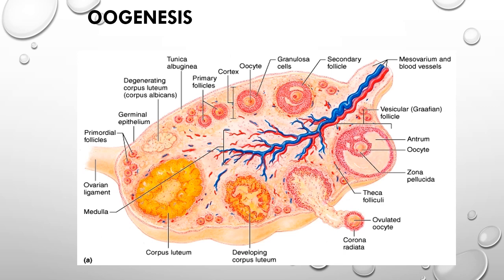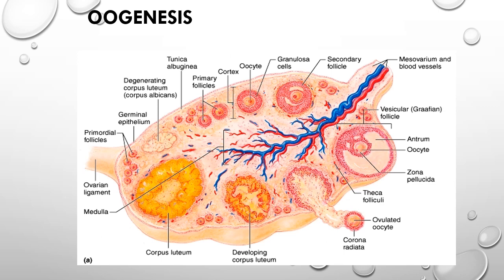So the ovary consists of three important layers, namely the outer germinal epithelium, the middle vasculosa layer, and the inner tunica albuginea.